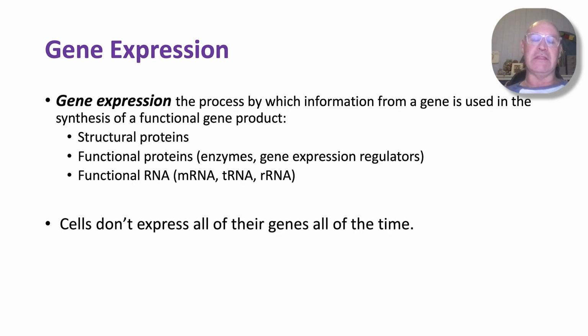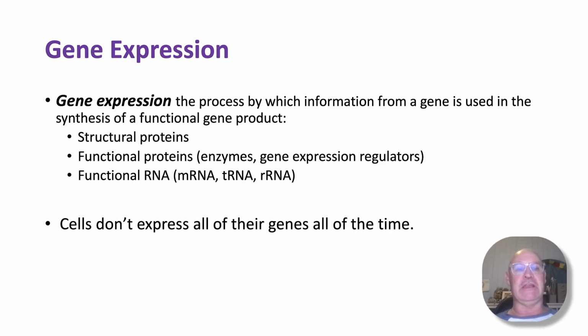So as we've said in the previous video, gene expression is the process by which information from a gene, the sequence of the nucleotides in a gene, is used to synthesize a functional gene product. Of course, functional gene products can be structural proteins, like what makes up our muscles and our bones and our skin. Also, don't forget functional proteins, and they include enzymes as a classic example.